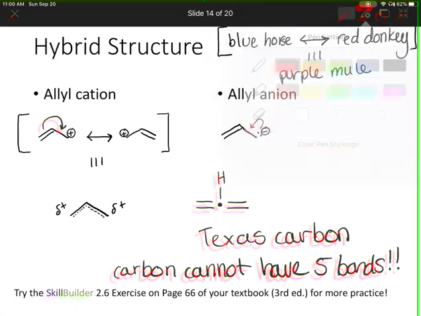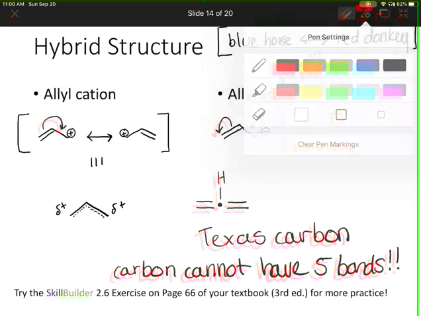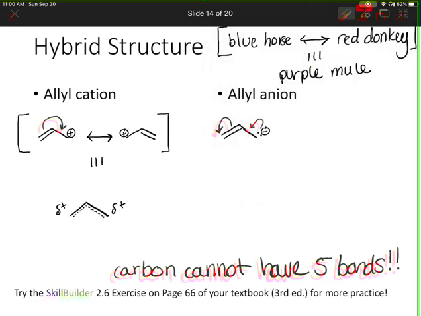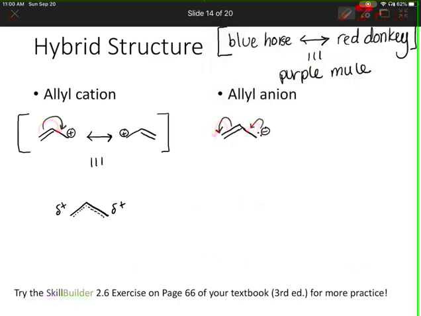What we'll probably have to do is also move these pi electrons over. So when we do that, that should give us our second resonance structure. Oops, already drew it wrong. There we go. So now the lone pair of electrons is on the carbon on the left.